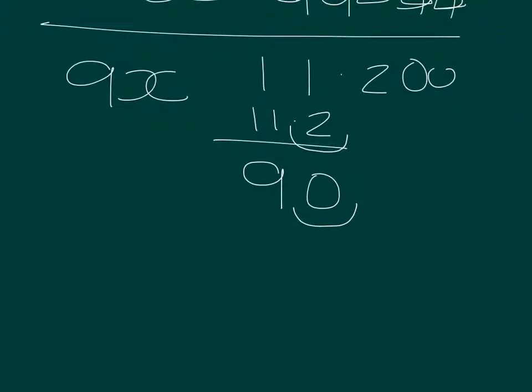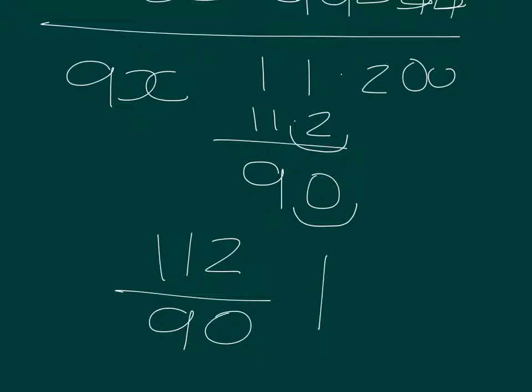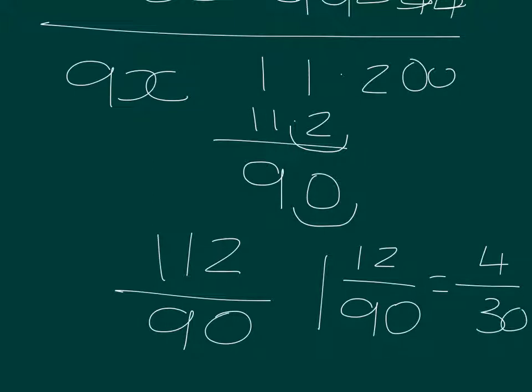112 over 90. And 112 over 90, and then you can say, well, 90 goes into 112 once with the remainder of 22, so it'll be 22 over 90, and you could probably make that smaller. 2 goes in there... but don't forget your 1 next to it as well.